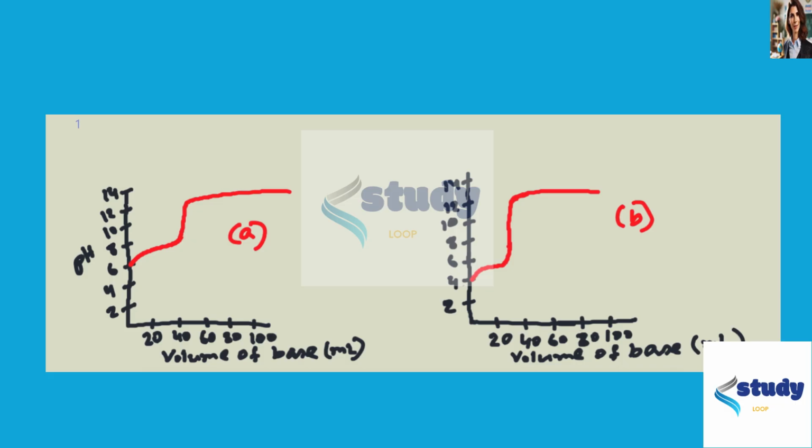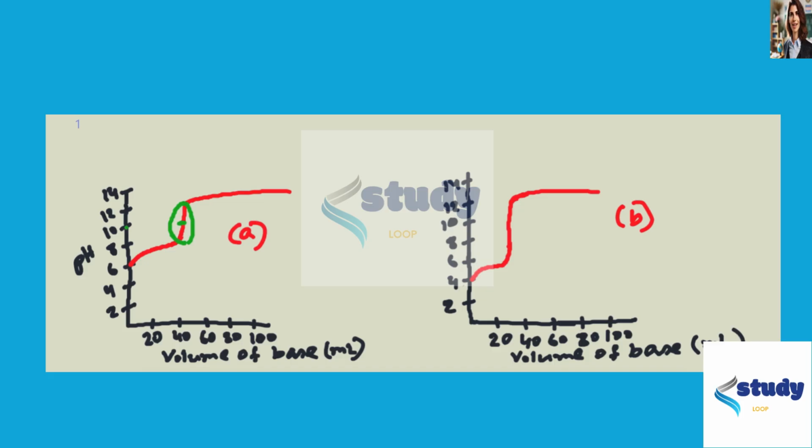So as we know, the equivalence point of a titration curve is basically the half point of the steeper region in the titration curve. So if we take the half point here, that will be our equivalence point.